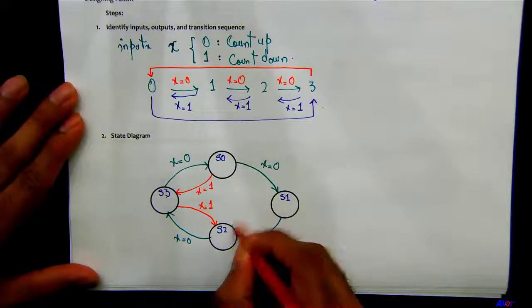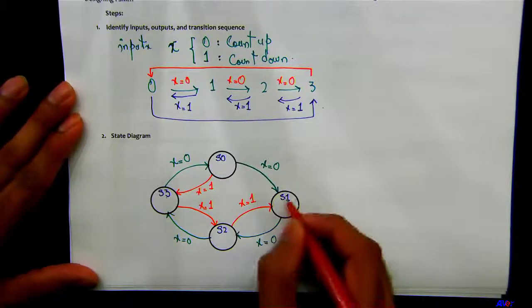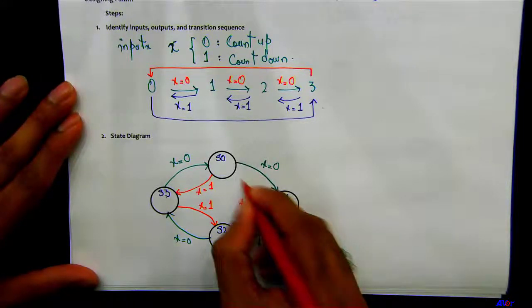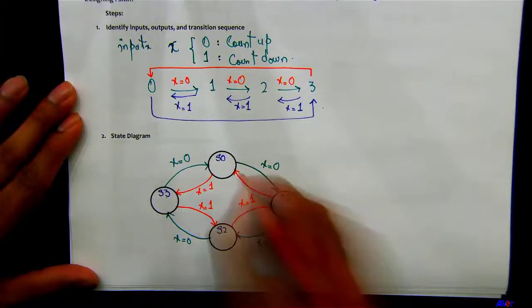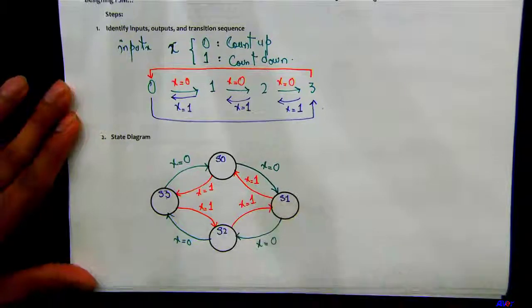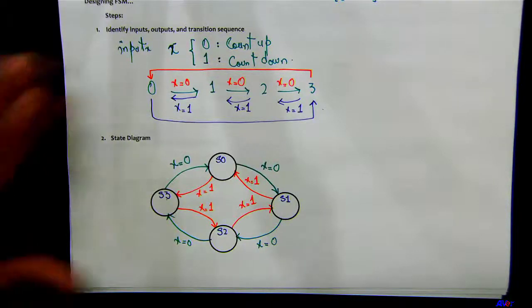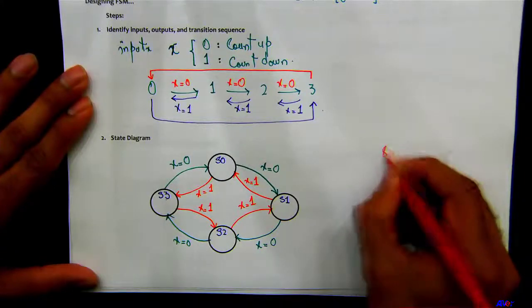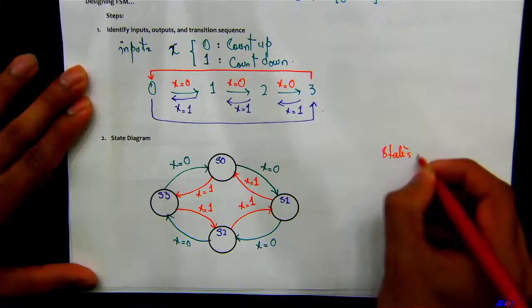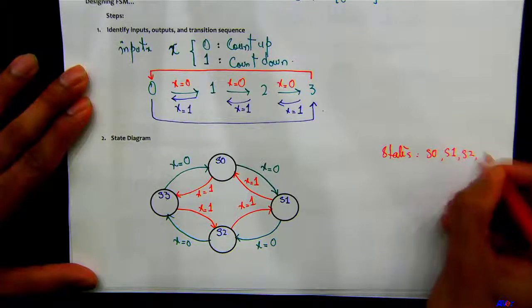Go from here to here if X equals 1, and if the present state is S1 and X is 1, it's going to count down to 0. So X equals 1. So here's your state diagram. Is there anything that I'm missing here? Remember, you've got your states here, which are S0, S1, S2, and S3.